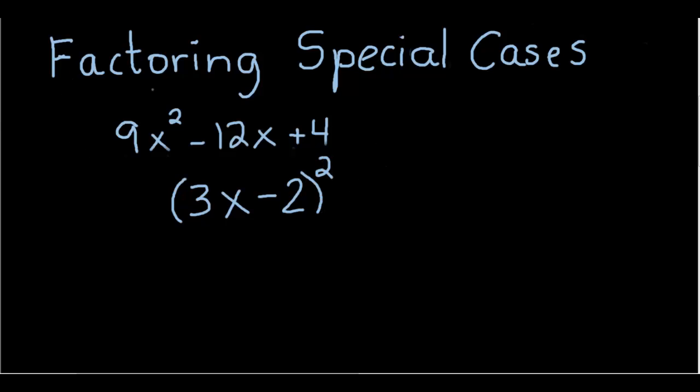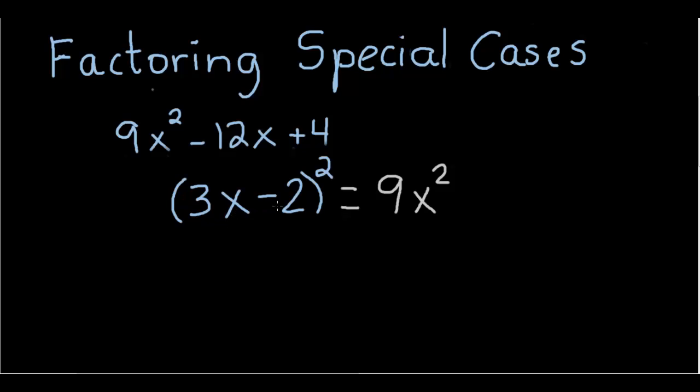And if you want to double check your work to make sure that this one was indeed a perfect square trinomial, you can always expand this one, multiply it, and see if you get the original trinomial. So let's go ahead and do that. We're going to get the square of the first term. So that is 9x squared.